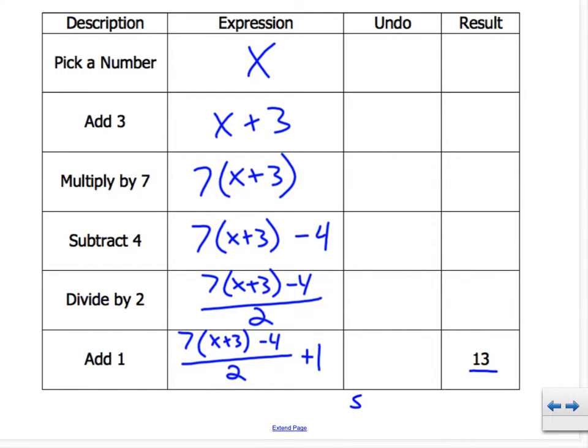So what we're going to do now is we're going to start here, and we're going to work our way up the column. So to undo, we want to think, well, how do we undo adding 1? Well, to undo add 1, you want to subtract 1. To undo divide by 2, we're going to multiply by 2.